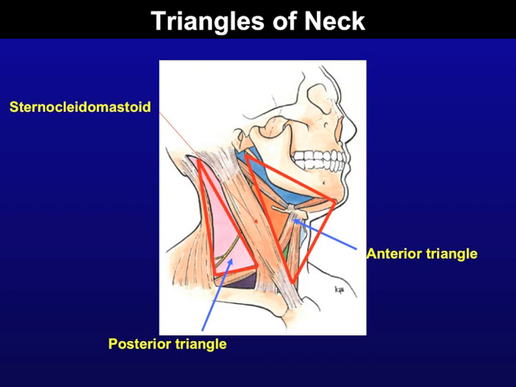The anterior border of the triangle is the posterior border of the sternocleidomastoid muscle. This muscle is prominent in our necks, easy to palpate, and is used to turn our heads to the contralateral side of the muscle. The posterior border of the triangle is the anterior surface of the trapezius muscle. As discussed previously, we use this muscle to shrug our shoulders.